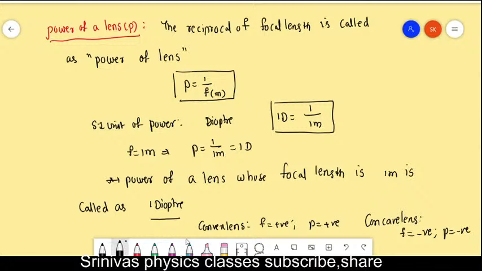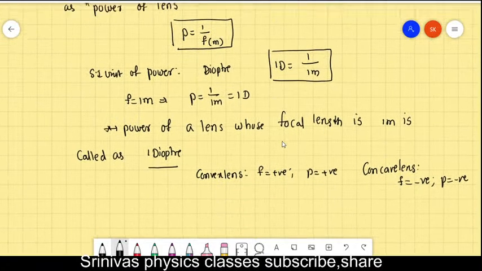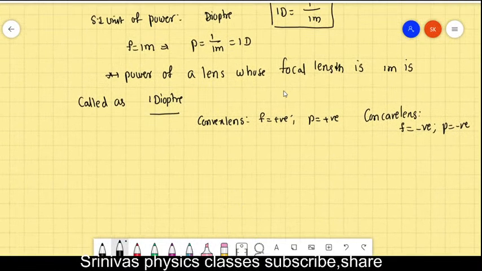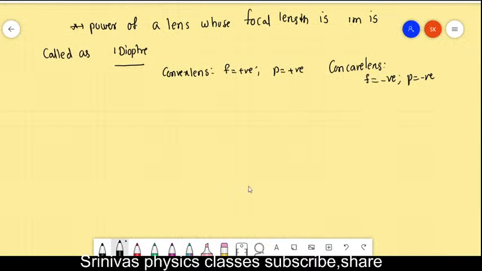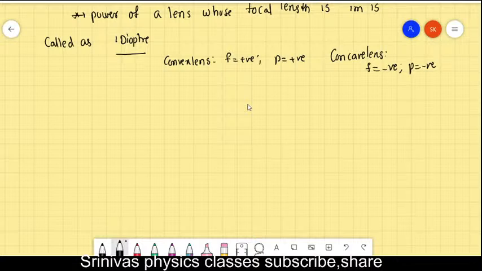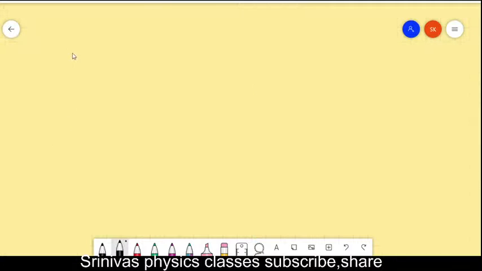And if you want the effective power, the combined power, how can we write it? For example, we are using two lenses having individual powers P1 and P2.